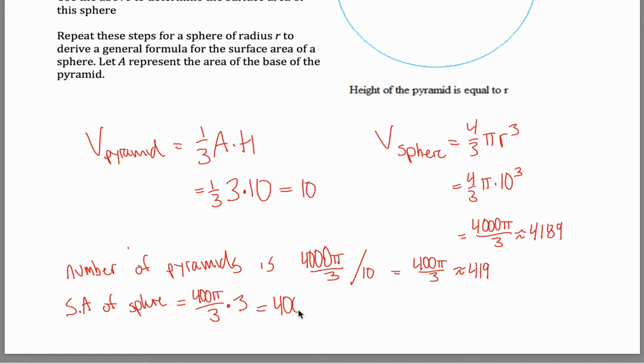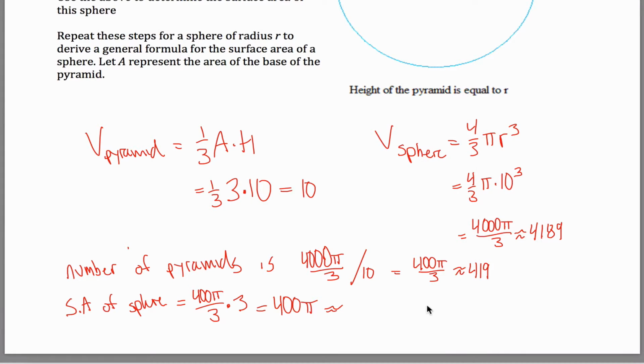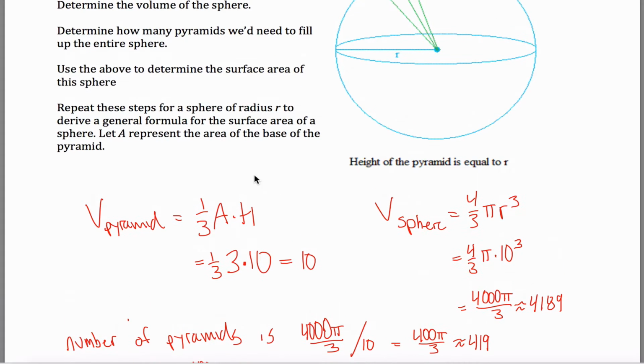I end up with 400 pi as my answer, which is close to 1257. These are units squared for the surface area of the sphere. And I think I'm not quite done.